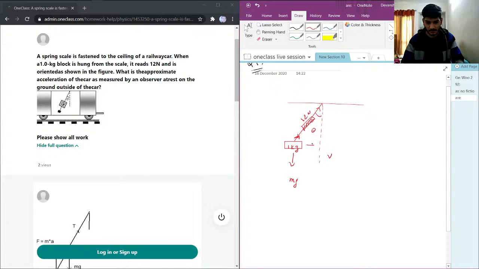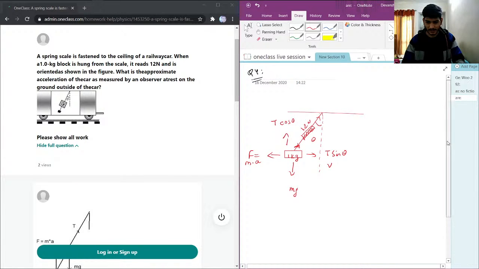One will be in this direction. This will be T sin theta, and this will be T cos theta, and my force is in this direction.